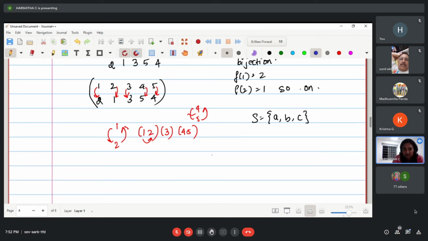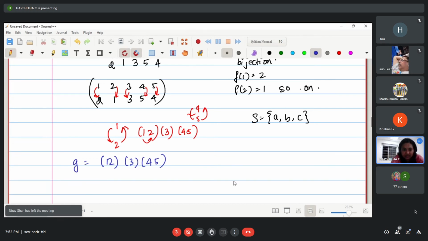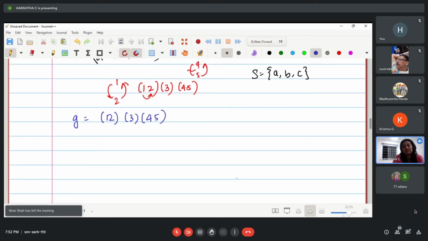So let us try to rebuild. Let's forget what we have and take this abstractly and see what this function is. We want to define it explicitly, which means we want to specify what g of 1 is, what g of 2 is, g of 3, g of 4, and g of 5.